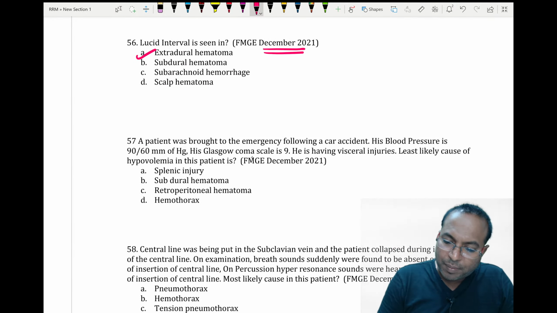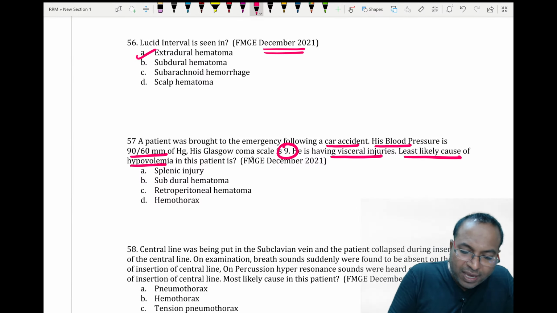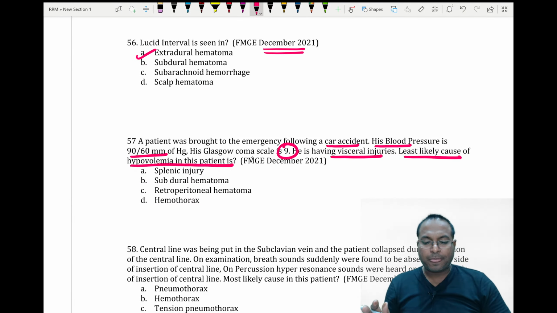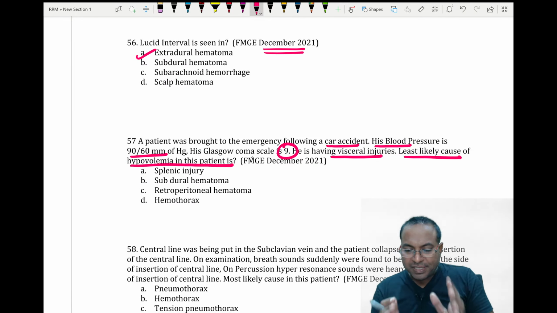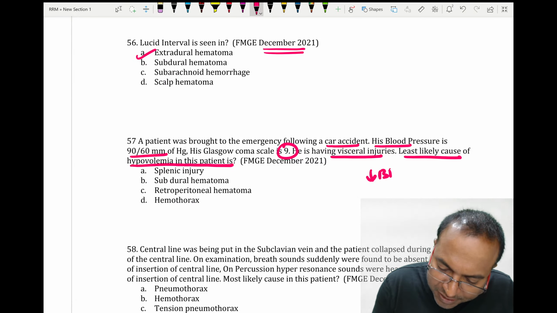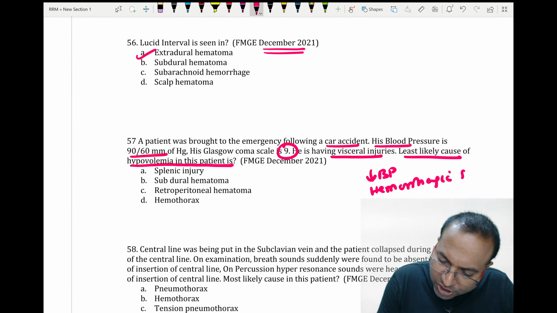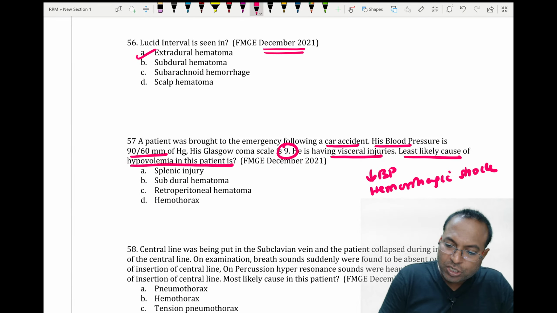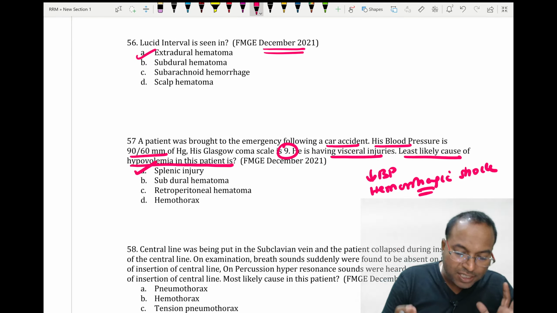A patient was brought to emergency following a car accident. His blood pressure is 90/60. GCS is 9. He is having visceral injuries. Least likely cause of hypovolemia in this patient. So this question is very clear. The patient is having decreased BP. The patient is in hemorrhagic shock. Hemorrhagic shock means he must have lost more than 1 liter of blood somewhere. Yes, he would have lost in splenic injury.